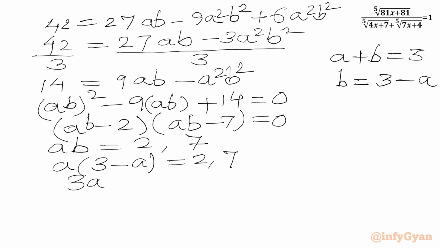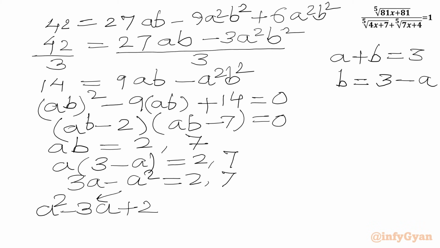So 3a minus a^2 will be equal to 2 and 7. So from here I can get two quadratic equations. a^2 minus 3a plus 2 equal to 0. The second equation would be a^2 minus 3a plus 7 equal to 0.